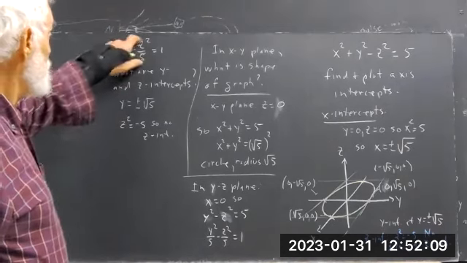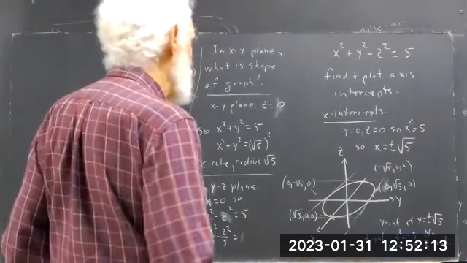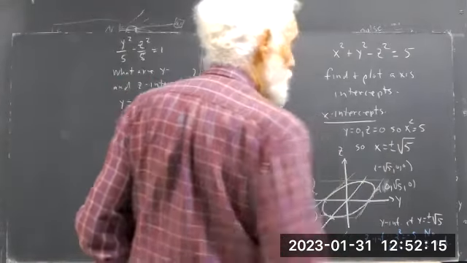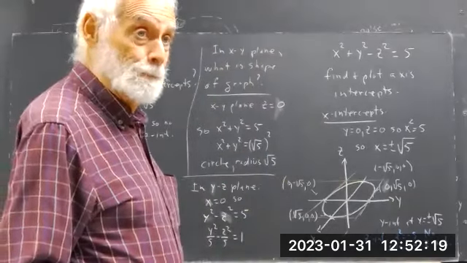If z is 0, that's what you get. And of course, that just mimics the points that you already have in the YZ plane.